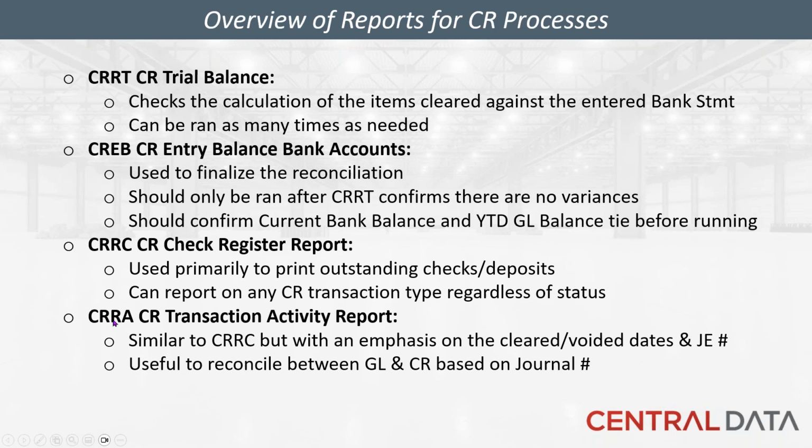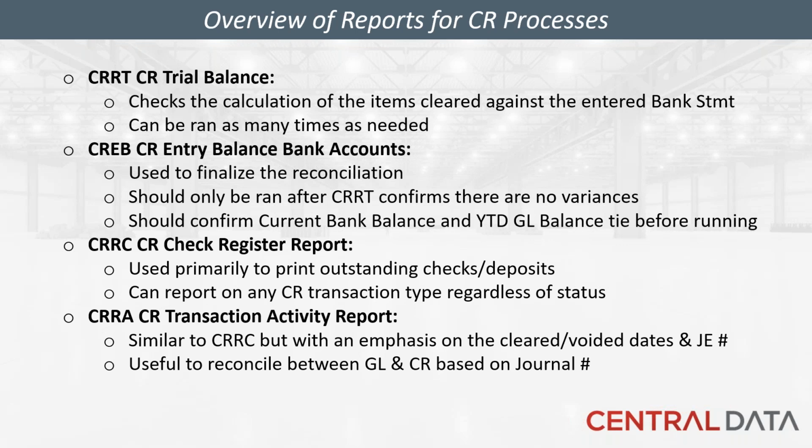The counterpart to this report, and it's so very similar, except it's got a little bit of a different emphasis, is the CRRA. And I'll tell you, this is probably my favorite over CRRC, just because it has that added ability to run things based on journal number, right? I can run based on the posted date, just like I can in CRRC, but now I can also run based on journal number. And when the report runs, it actually shows me the journal number that the items were posted on.